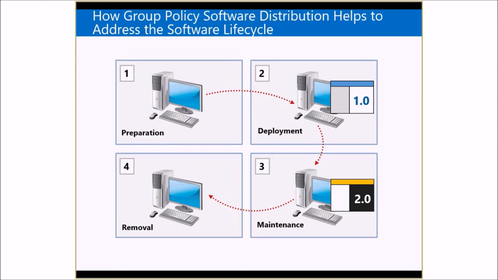So instead of you going off to every computer and manually uninstalling each of these, because hey, guess what? If you stop paying for the licensing agreement for a piece of software and you don't uninstall it, you could potentially find yourself or your company in trouble. So with group policy, again, we can choose to remove that software that's deployed by group policy from the computers, okay? So use it to remove it.